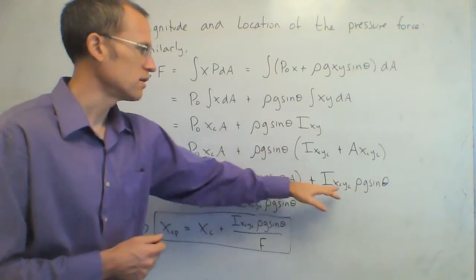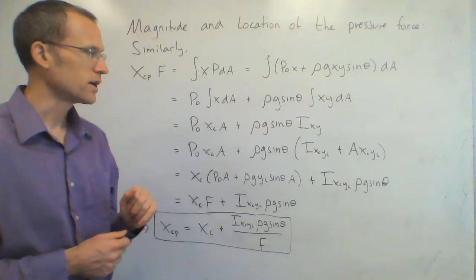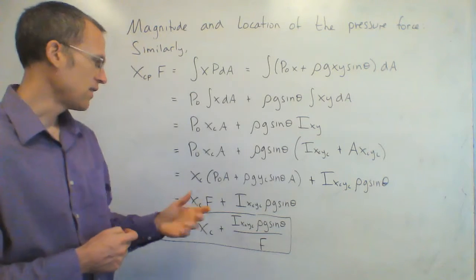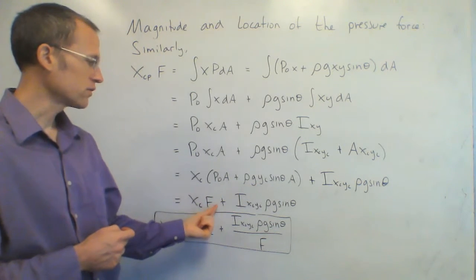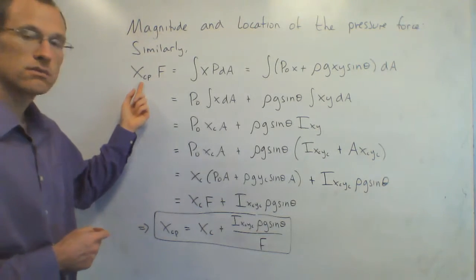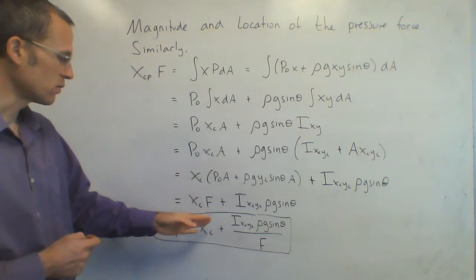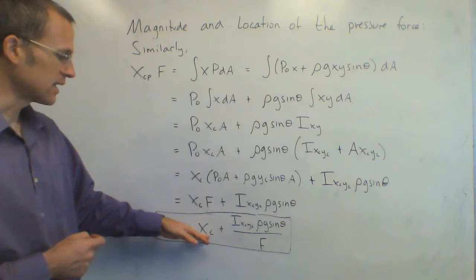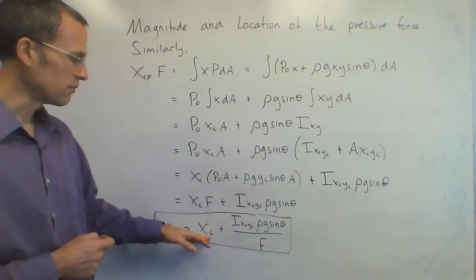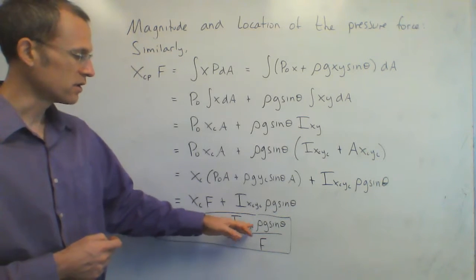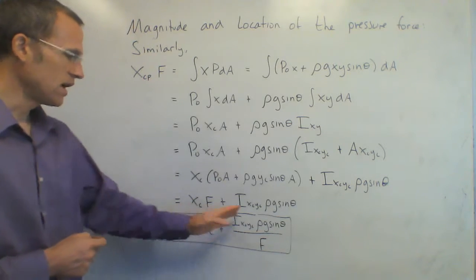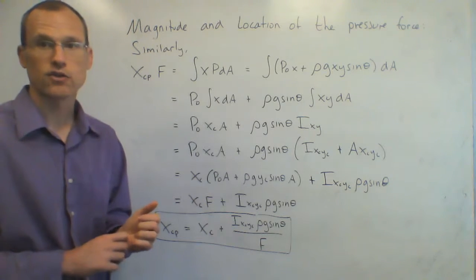This first term becomes Ixcyc rho g sine theta like before, and then this guy getting replaced by the force. And to find the actual center of pressure, divide by the force, so that guy goes away. I'm left with the x centroid, geometric center of my plate, plus Ixcyc rho g sine theta over F, and there's my x coordinate for that center of pressure.